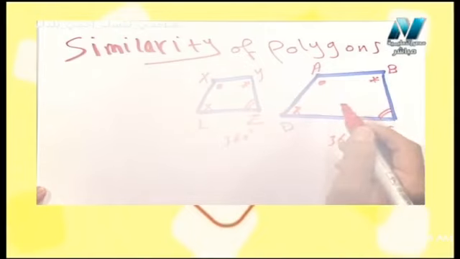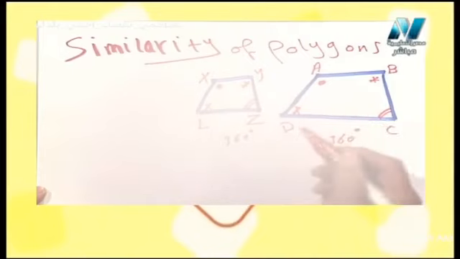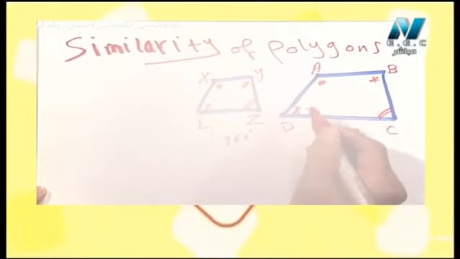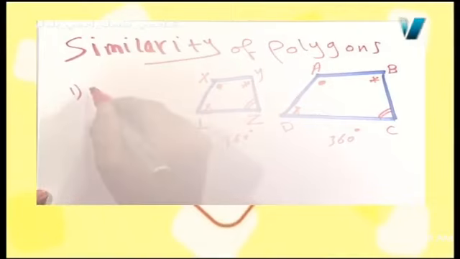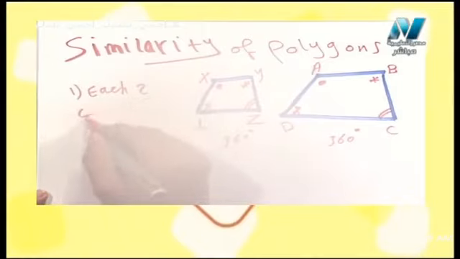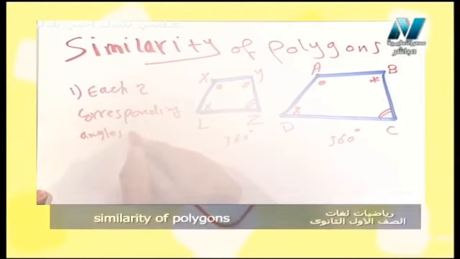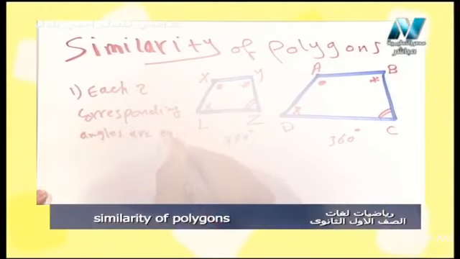Before we say yes or no, there are two conditions to be similar. The first condition is that each two corresponding angles are equal in measure.